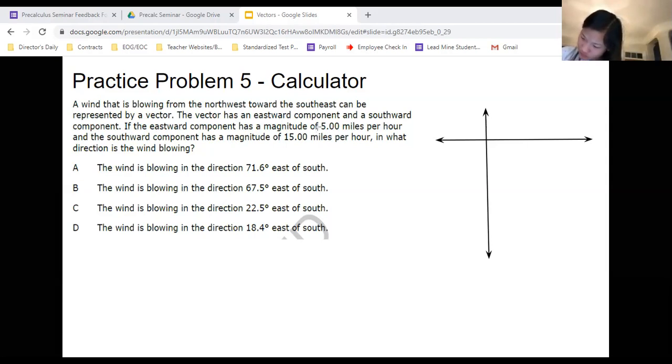So here's an important note about these problems. If the direction just says east, take it as straight east, so going straight this way. And our wind vector has a southward component of 15, so we're just going to go directly south.